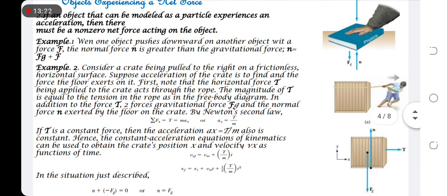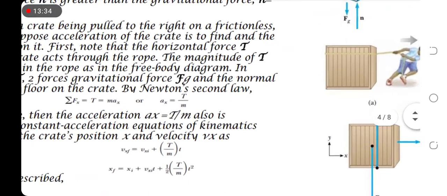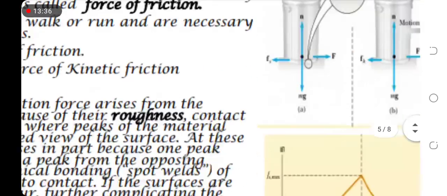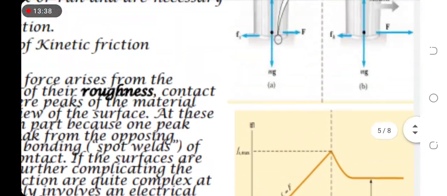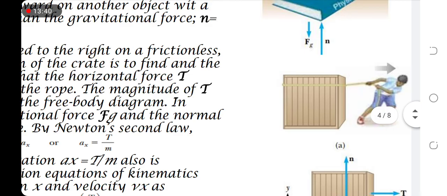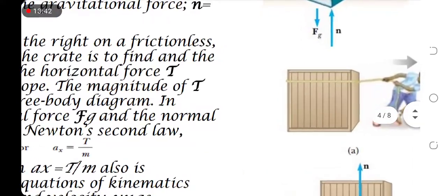The second example, consider a crate being pulled to the right on a frictionless horizontal surface. We can see that a man is pulling the crate in the rightward direction by a string.